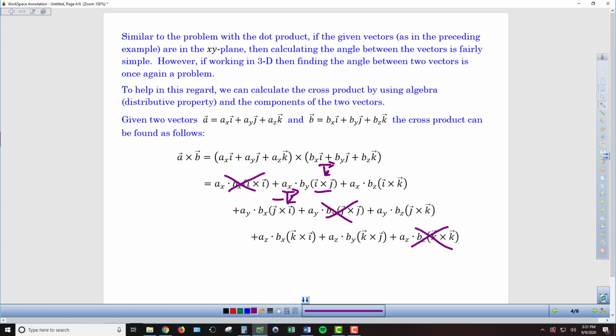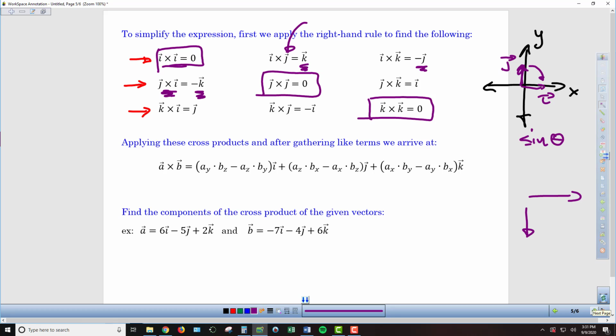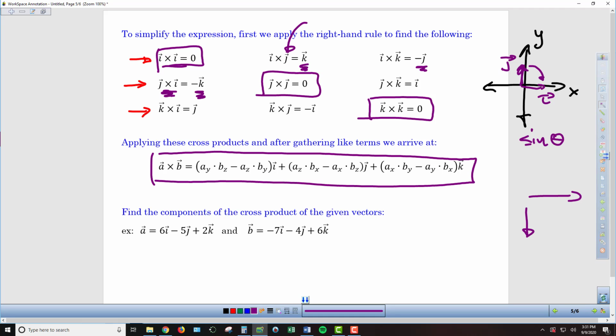So what we can do eventually is combine the pieces that have i, combine the pieces that have j, combine the pieces that have k, and then rearrange that formula so that now I've got this right here as a method for us to find what the components of the cross product are.